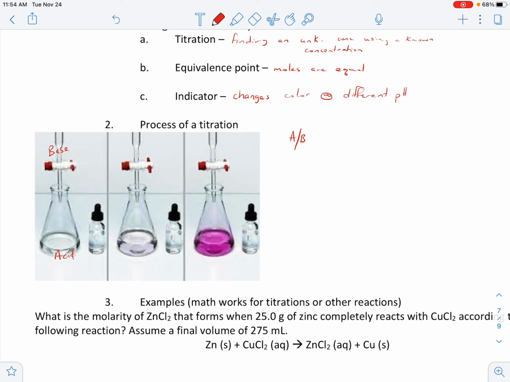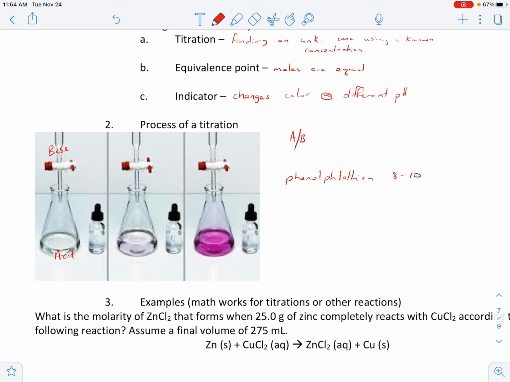This pink stuff is called phenolphthalein, and phenolphthalein changes color at a range. This will also be a fun way to spell it. Phenolphthalein changes color in a range of 8 to 10. As we add the base to the acid, we see this subtle color change.